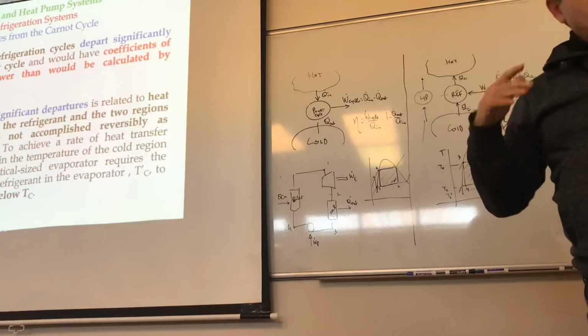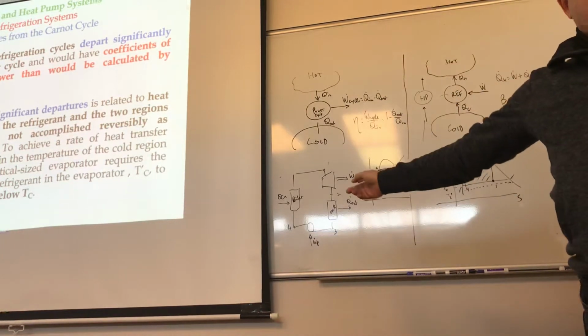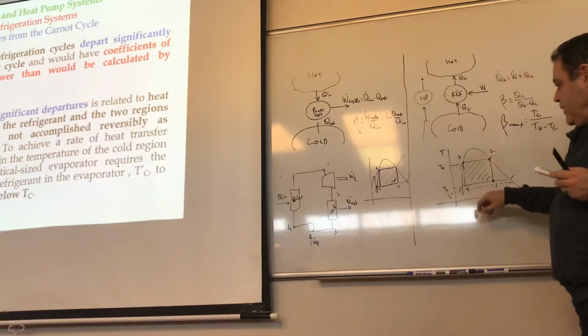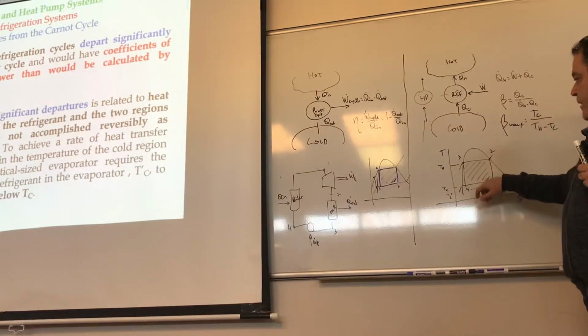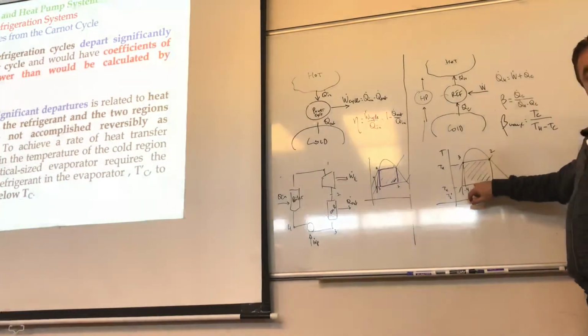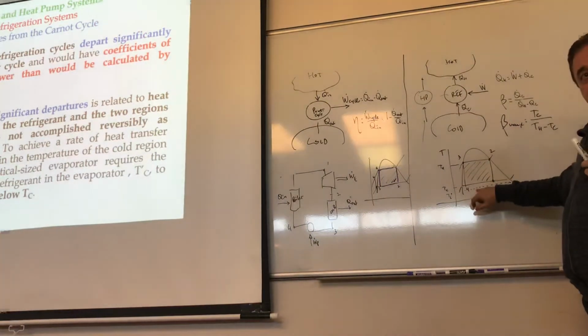Okay, so when we say reversibly for Carnot, you've got to have something that is different. If the surrounding is transferring heat to the refrigerant, that means the temperature of the surrounding has to be higher than the temperature of the refrigerant.